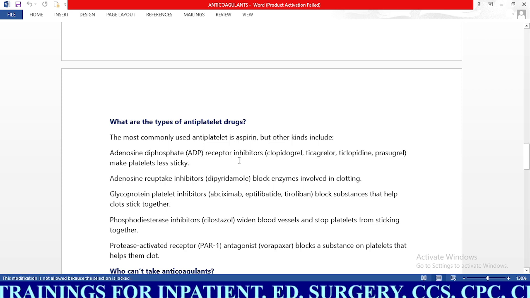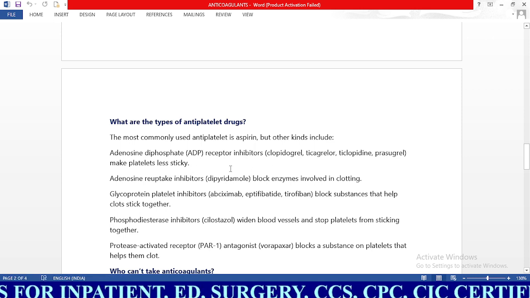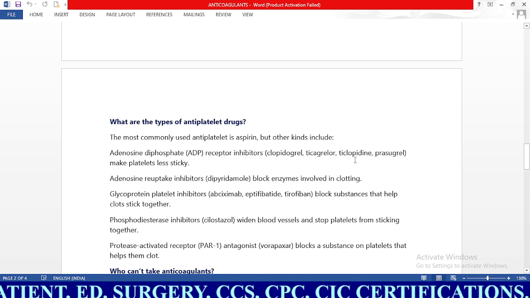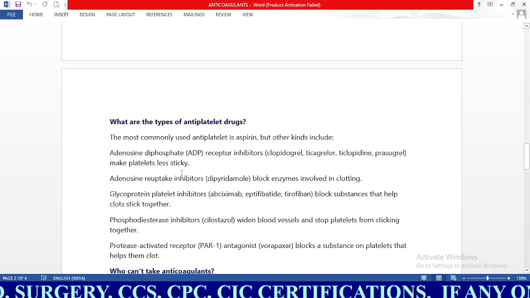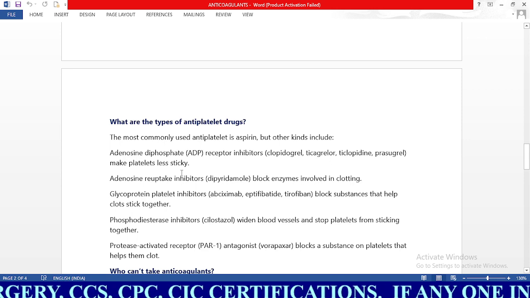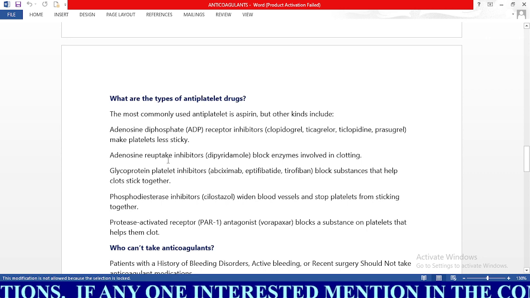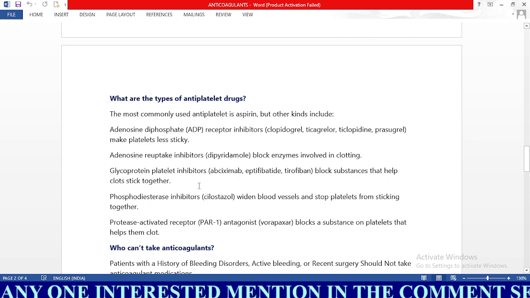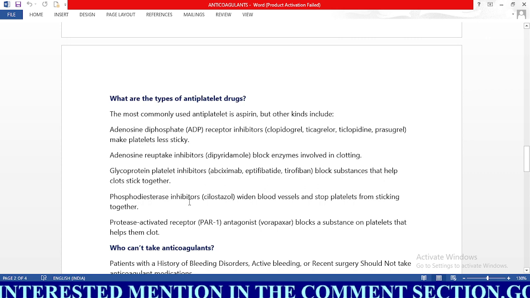ADP receptor inhibitors make platelets less sticky, like clopidogrel, ticagrelor, ticlopidine, and prasugrel, which prevent platelet sticking. Next, adenosine reuptake inhibitors. Glycoprotein platelet inhibitors block substances that help clots stick together.